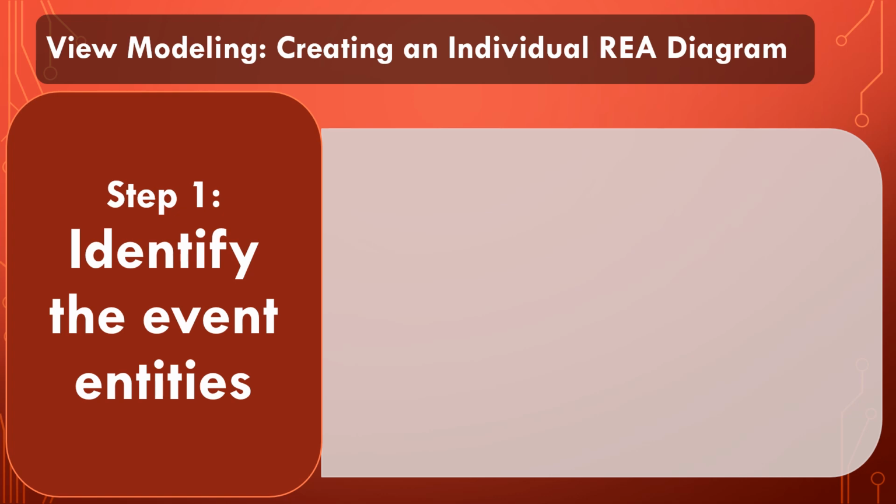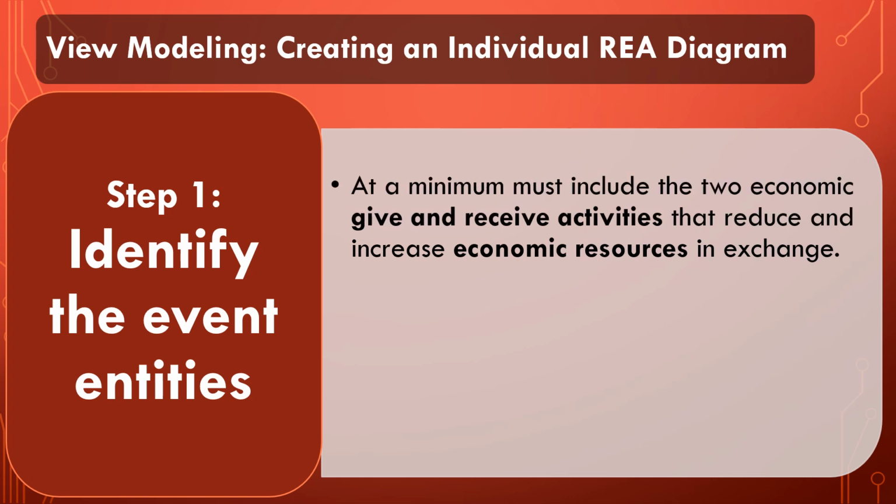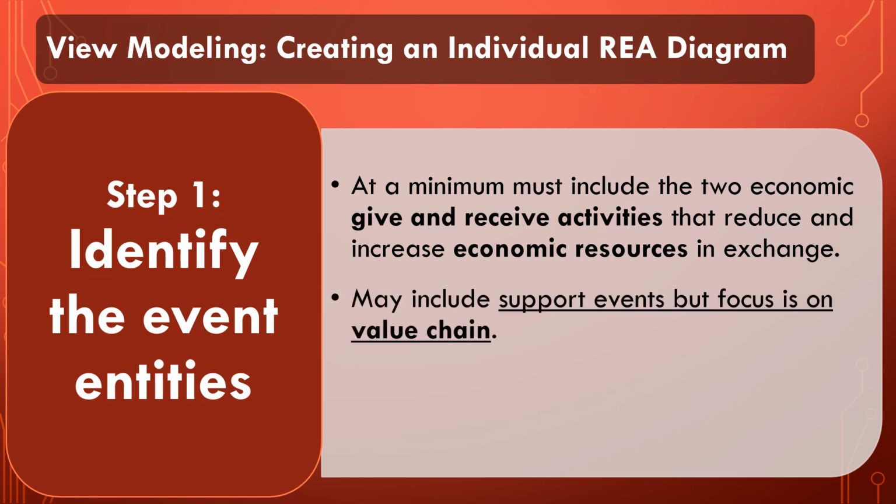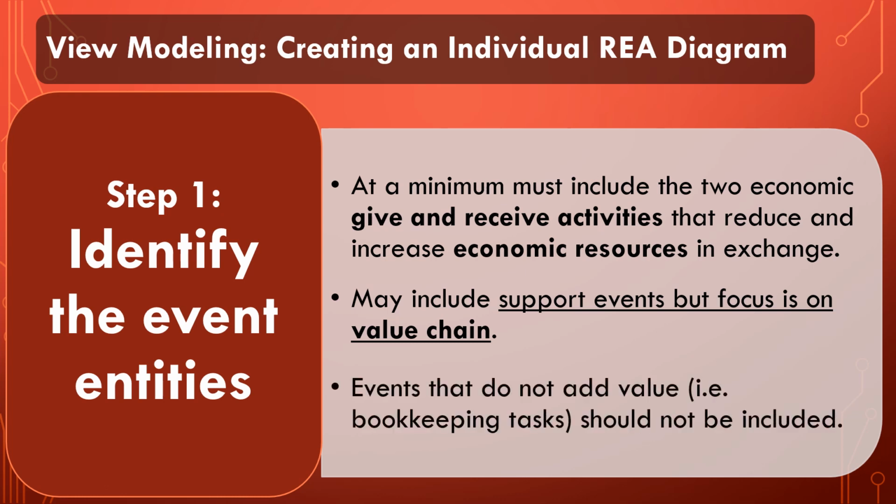So the first step is identifying the event entities. The event entities must, at a minimum, include the two economic give and receive activities that either reduce or increase the economic resources in the exchange. They may include supporting events, but the focus will be on the value chain, the economic events themselves.